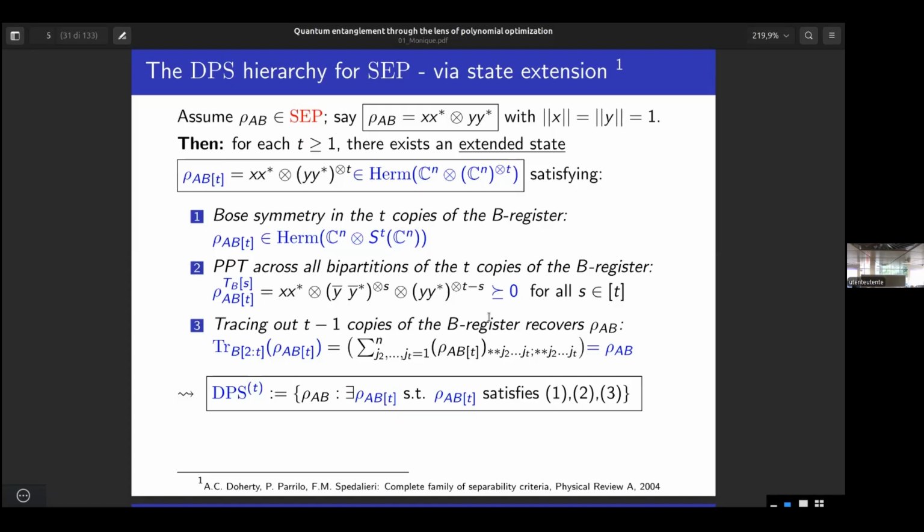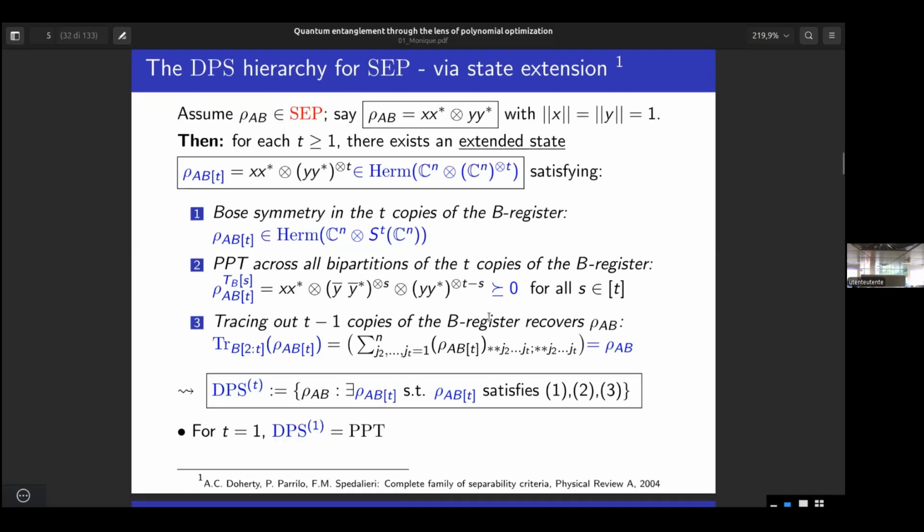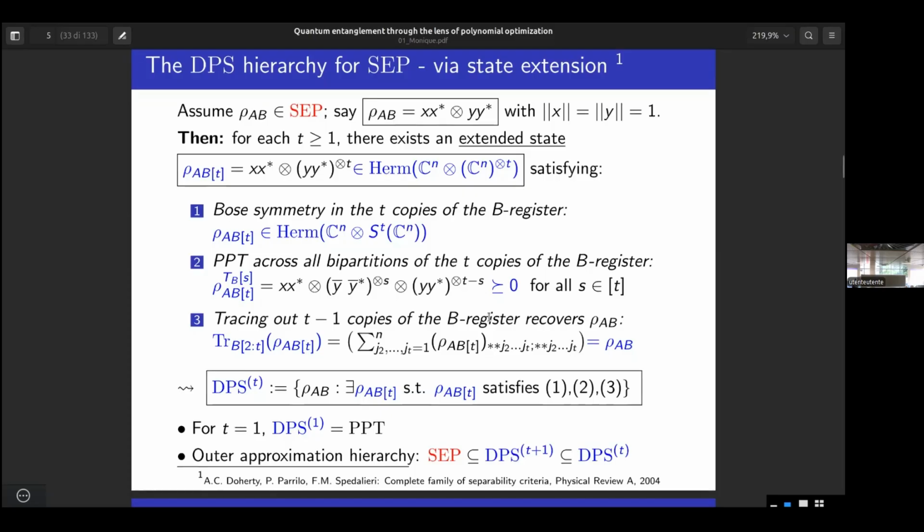By construction, for t equal 1, this is nothing but PPT. For any t we get an outer approximation of the set of separable states, and as t increases, these outer approximations become tighter and tighter.